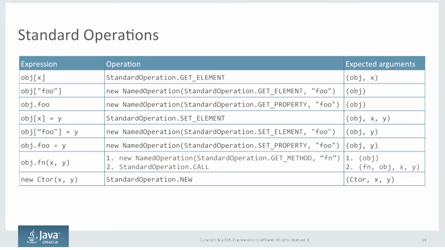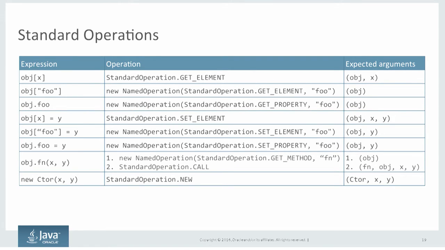The standard operation for calls is interesting because it requires two operations that are applied in sequence. The method first needs to be looked up via get method, and it can then be invoked with call. Also, the arguments for these two operations differ.